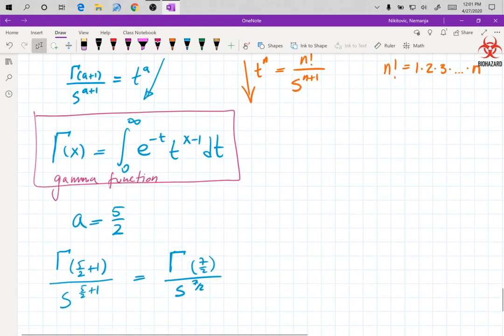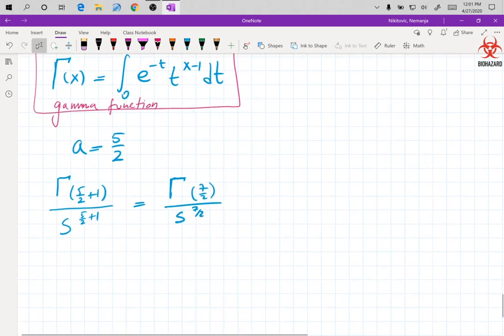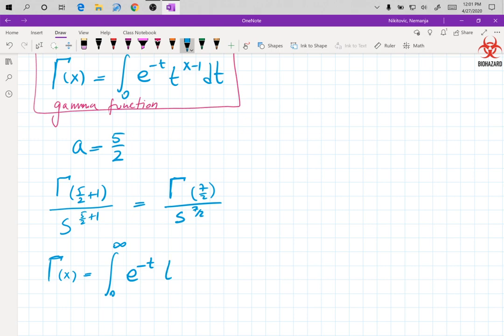So we are going to compute the gamma function on the side, and then I have to compute gamma of x, which is the integral from 0 to infinity of e to the negative t, and then t to the 7/2 dt.